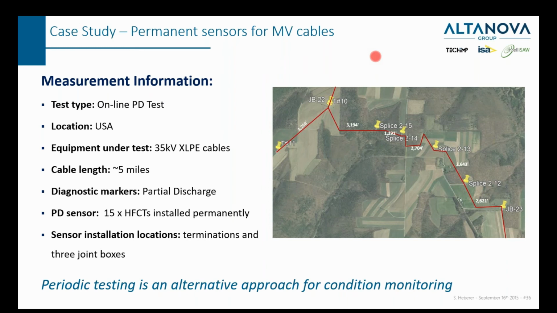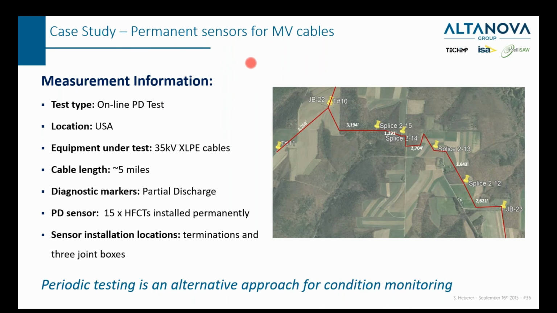So we suggested that we can install the HFCTs permanently on multiple locations in the cable. As we said, the cable is about 5 miles long, a little bit longer than 8 kilometers. And we put HFCT sensors on 5 locations, from the termination in a substation and some junction boxes along the cable length.